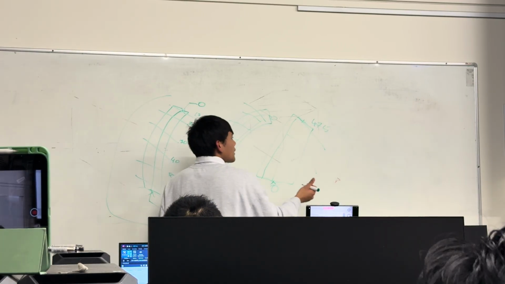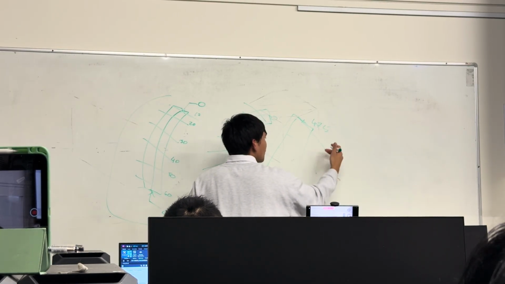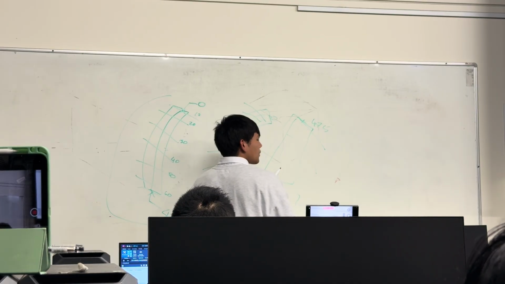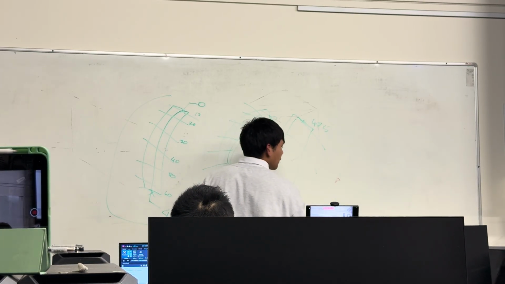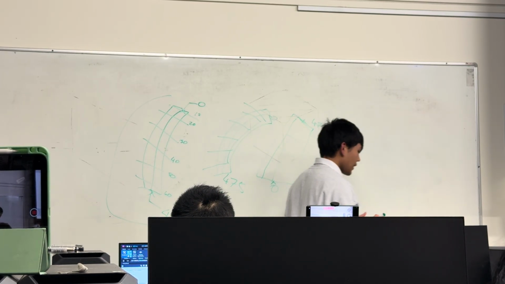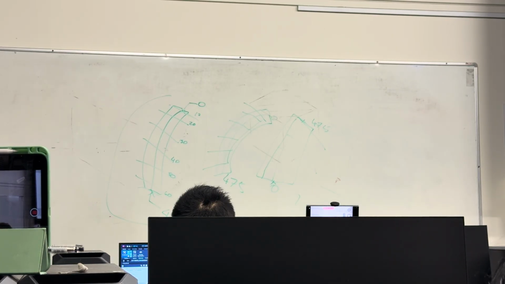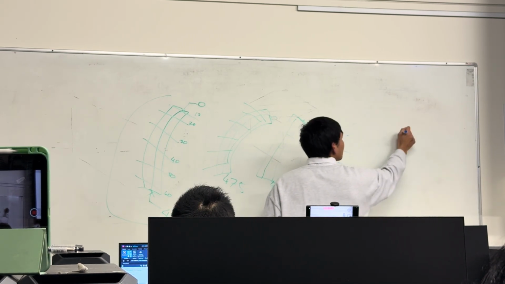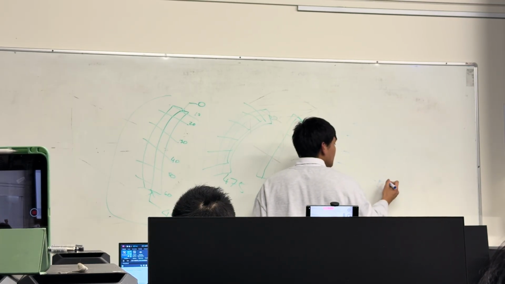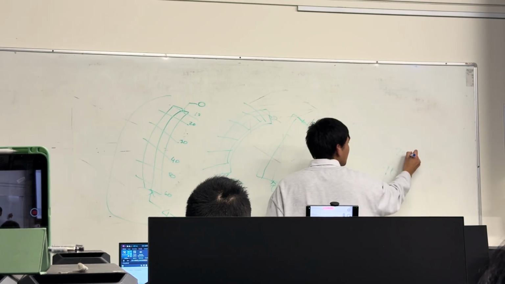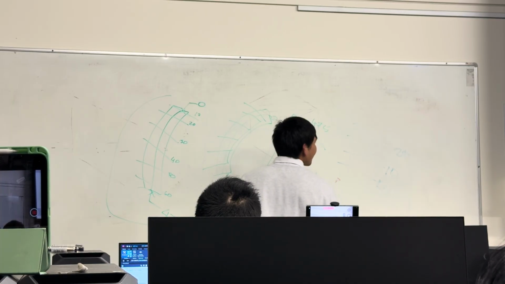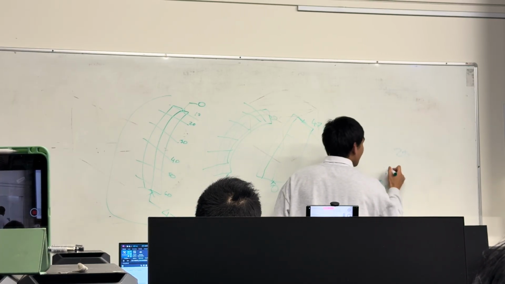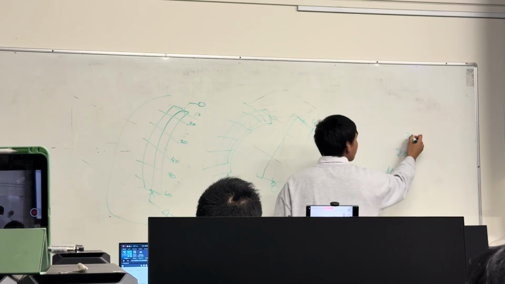Okay. So what happens here basically is, for example, we have sample lines: 0 meters, 10 meters, 20 meters, 30.